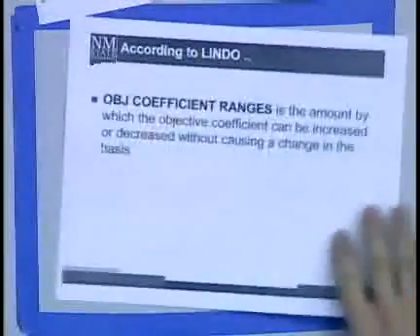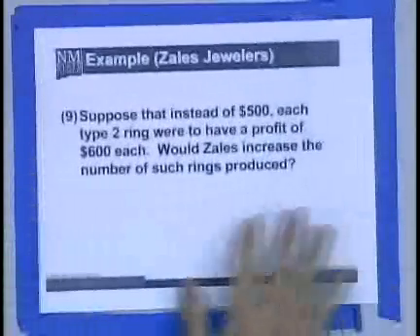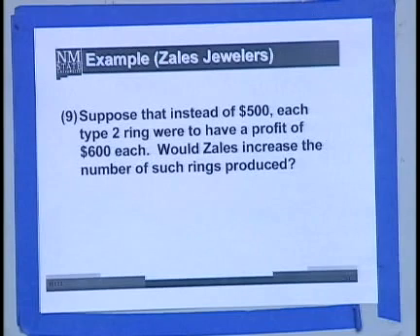Okay, what about question number 9? Suppose that instead of $500, each type 2 ring were to have a profit of $600 each. Would Jewelers increase the number of such rings produced? This is about the same as question number 8, right? So the objective coefficient of the variable x2 has been increased by $100 at this time.